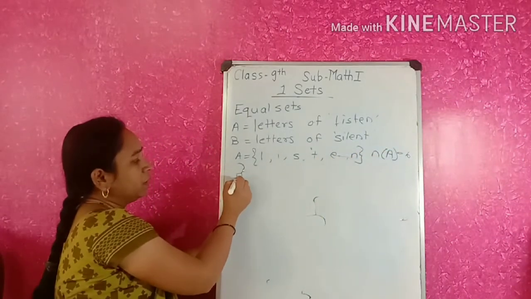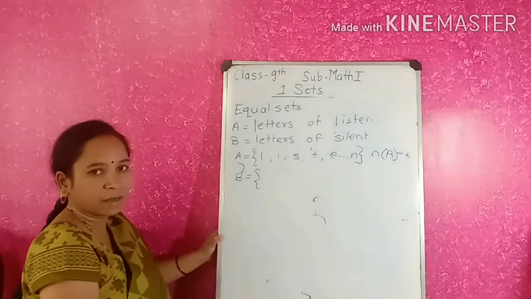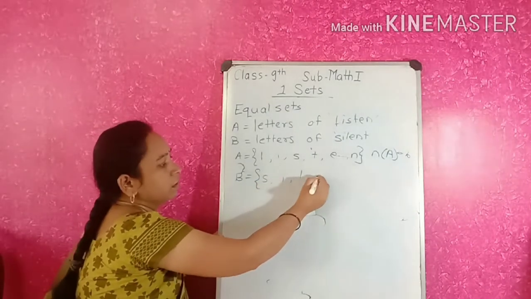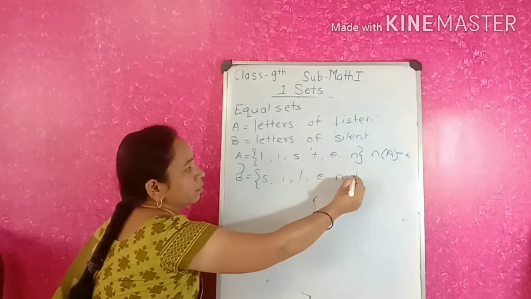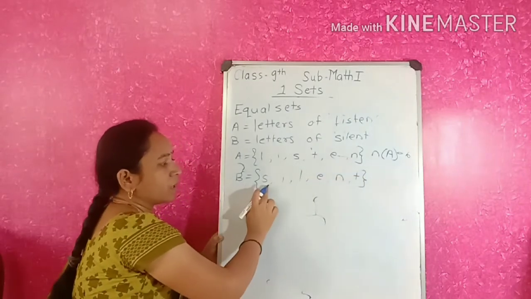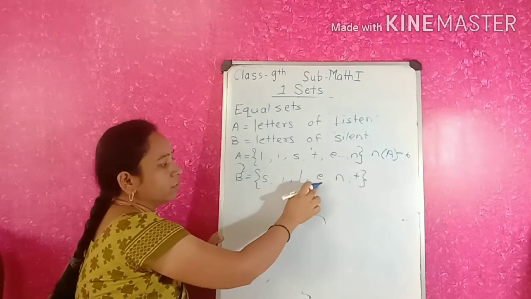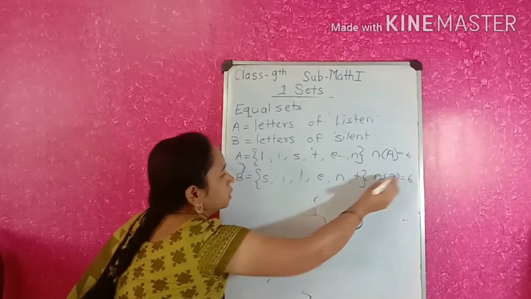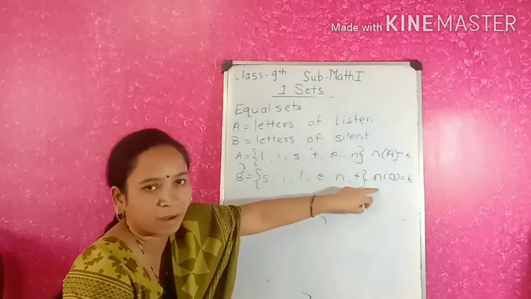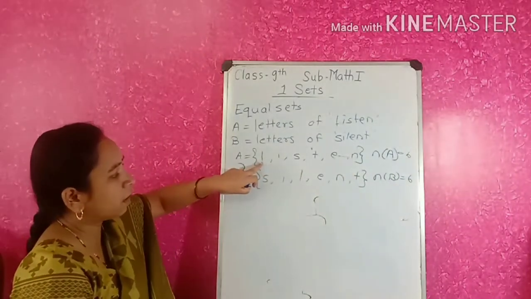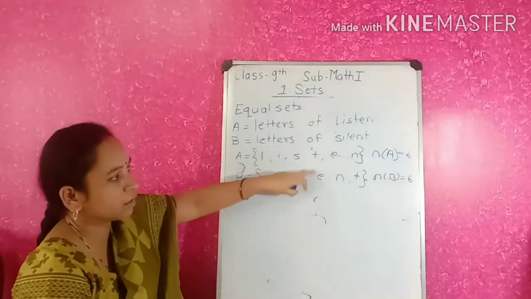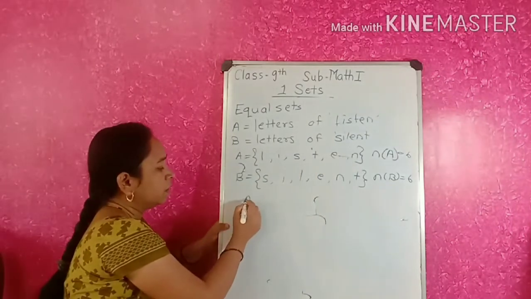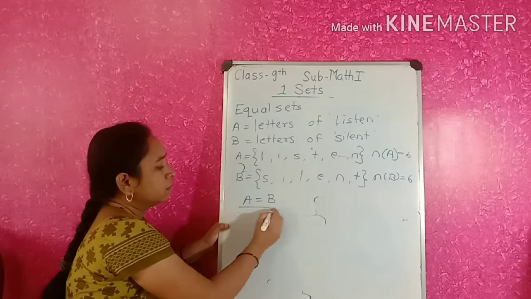Now we'll check B. Elements from silent: S, I, L, E, N, T. Again count the elements: 1, 2, 3, 4, 5, 6. So n of B is equal to 6. Now check it. Both of them have the same elements. So A and B are called equal sets.